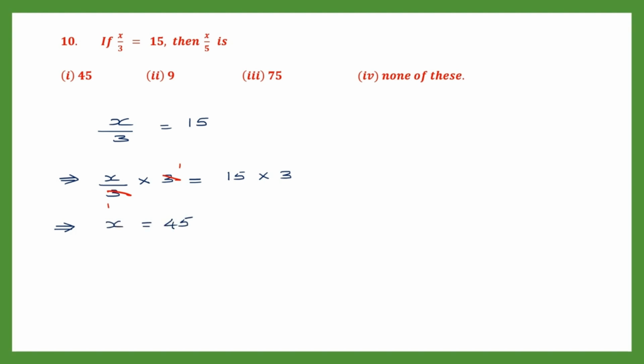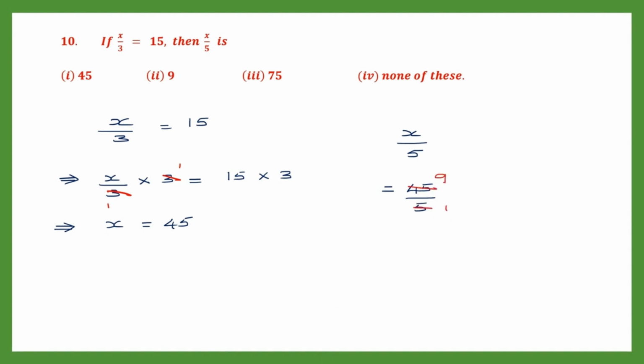So now that we know the value of x, we can find the value of x by 5. The question is, what is x by 5 equal to? So in the place of x, now we can write the value of x. We found x to be 45. So in the place of x, we can write 45, and in the denominator we have 5. 45 divided by 5. 5 into how much is 45? 5 nines are 45.